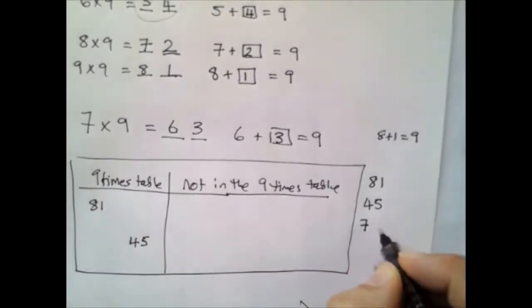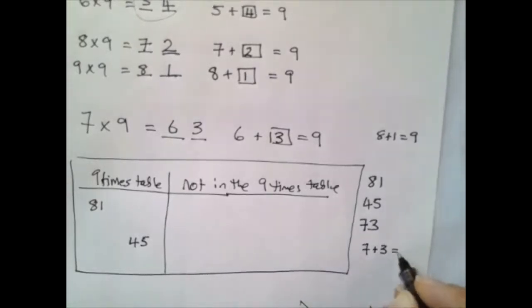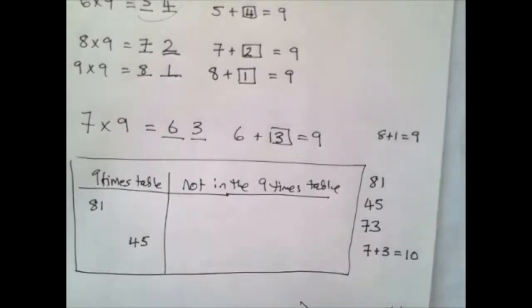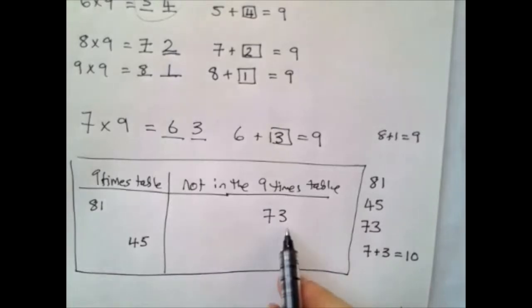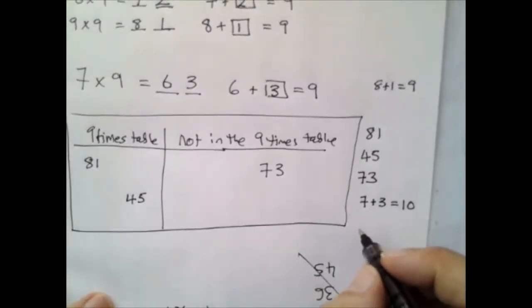What about 73? I take my 7, I add 3, and I get a 10. So 73 is not in the 9 times table. Oh, I'm going to give you a big number now.